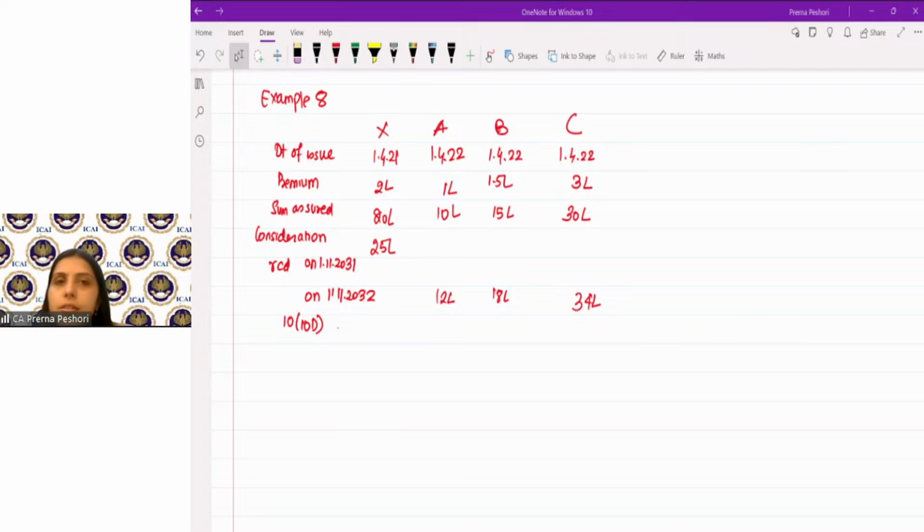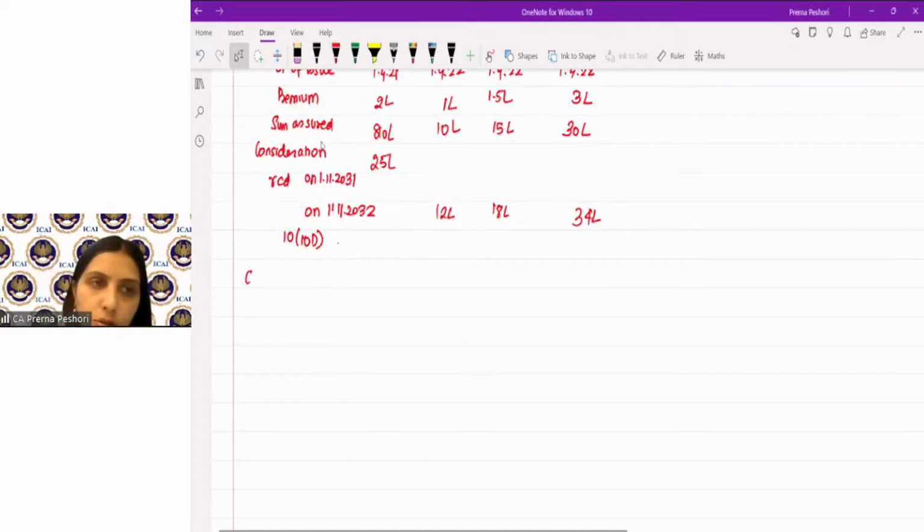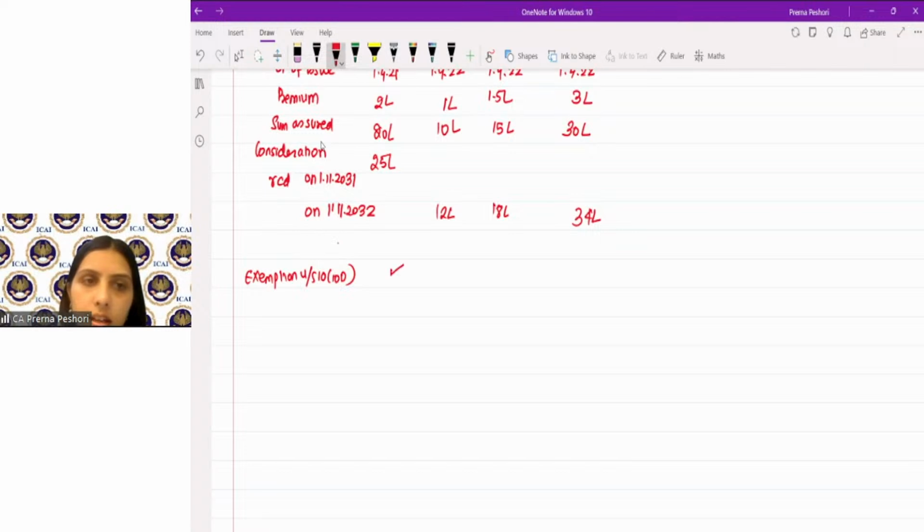Okay, let's try and understand this situation because this is very different. For X, there will be exemption, right? For X, there is a clear-cut exemption because my premium is less than 2.5 lakh plus less than 10% of 20 lakhs, right?